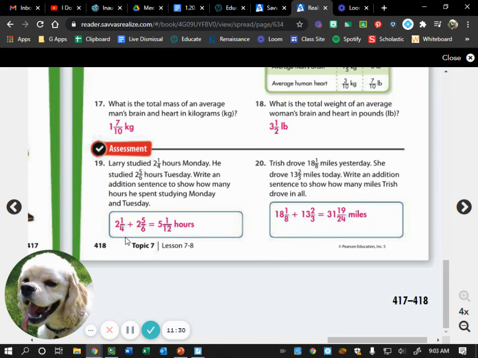Because 1/4 would become 3/12, and 5/6 would become 10/12. So that would be 13/12. That would turn into 1 1/12. So 1 1/12 plus 4 gets us 5 1/12 hours. How many of you remembered hours in your answer? How many of you remembered your units?